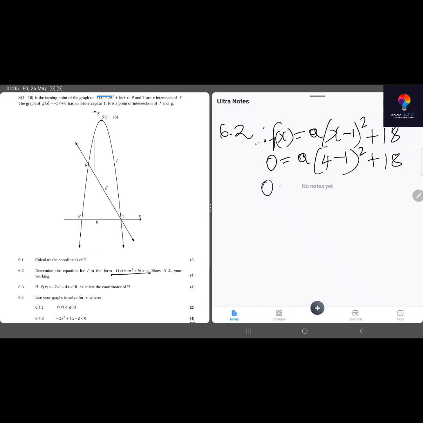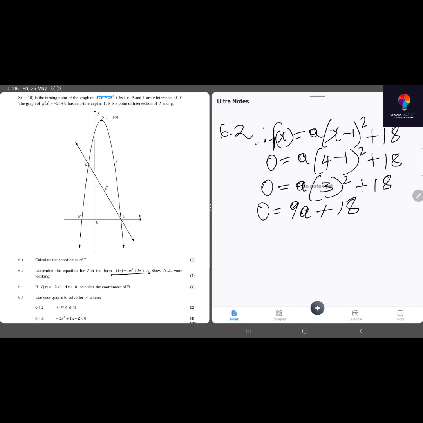So 0 is equal to a times; 4 minus 1 gives us 3 to the power 2, which gives us 0 is equal to 9a plus 18.